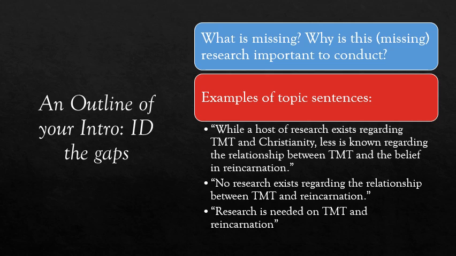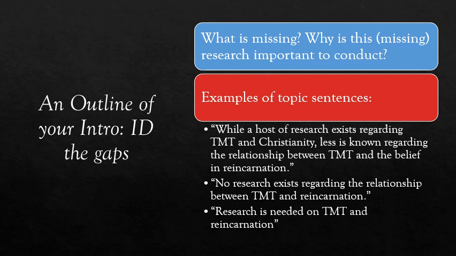So really, the second paragraph from the previous slide should be associated with an actual literature review. And after you review the relevant literature, you then need to make the case for why your research is important. This is why the literature review is so crucial.